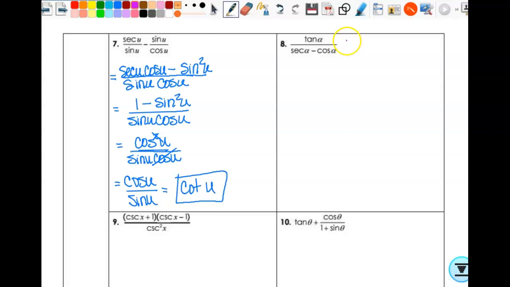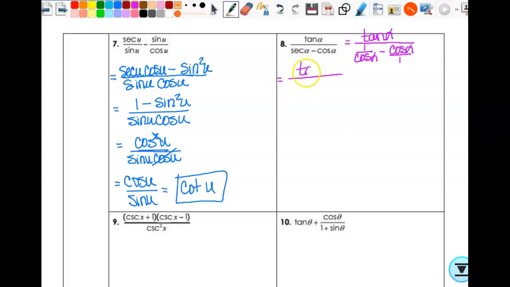So this gives me tangent of alpha over, and then we're going to take care of this. So secant I know is 1 over cosine minus cosine. Okay? So I'm combining 2 things. I need to get a common denominator. So I need a common denominator in my denominator.